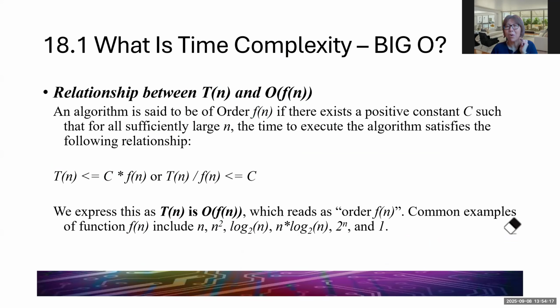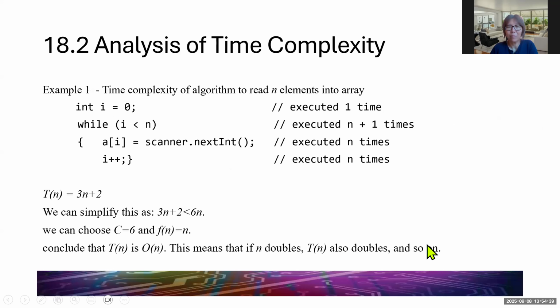So that operation is a constant. Okay, so Fn is 1, an order 1 relationship, big O. Basically, it is a constant. Okay, and so we understand the concept.